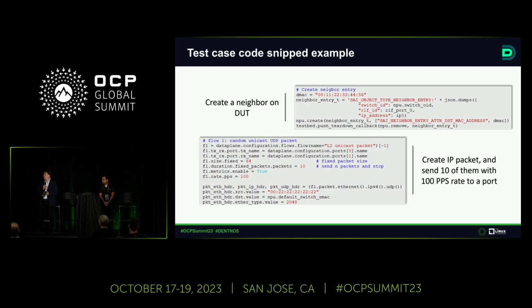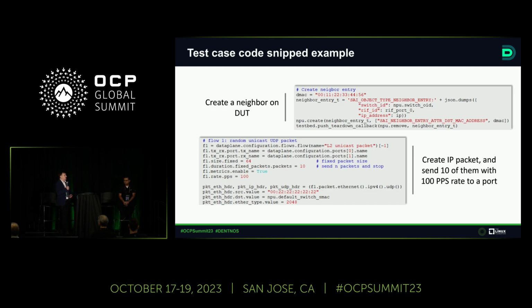So as we can see here, it's the SAI call within the SAI Challenger framework. So we are talking to the SAI implementation and asking it to create a neighbor entry. And the second part is the definition of the flow. Here we have the IP flow with 10 packets at 100 PPS.